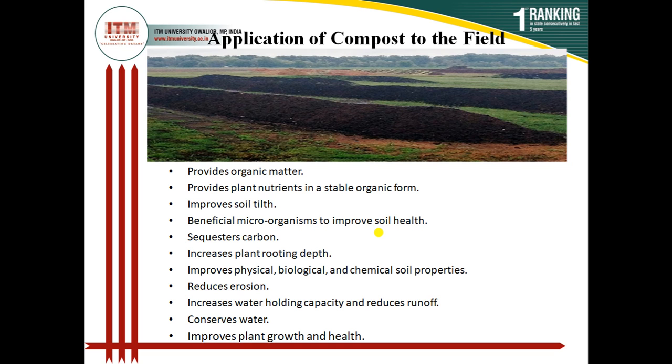But if your soil has a problem of acidity or alkalinity and you are applying this compost, it will solve your problem of acidity and alkalinity also gradually, and after certain years your soil will be very good and will be of neutral pH. So this is again a very good beauty of compost. If the soil is of neutral pH, it means most of the nutrients will be available to the plants and the plant will show very good growth and good health.